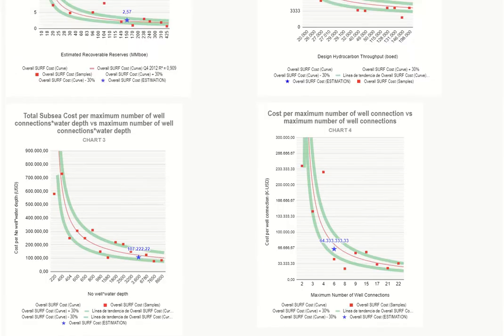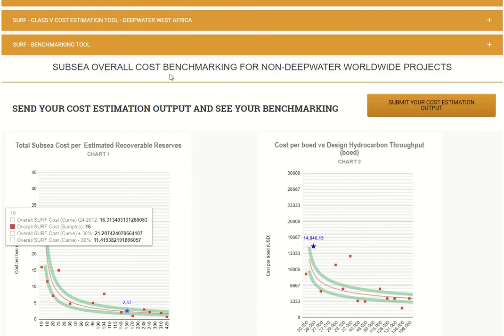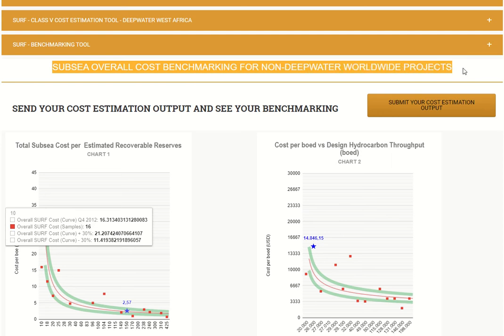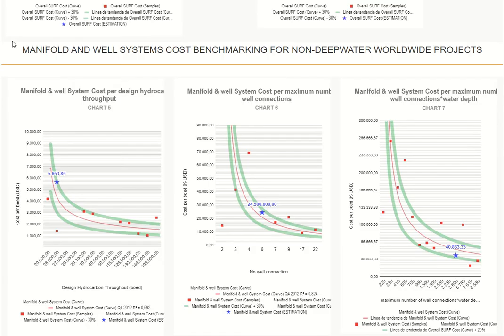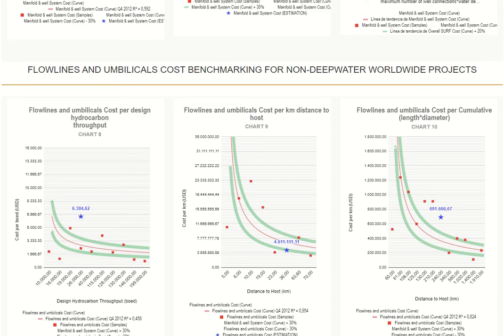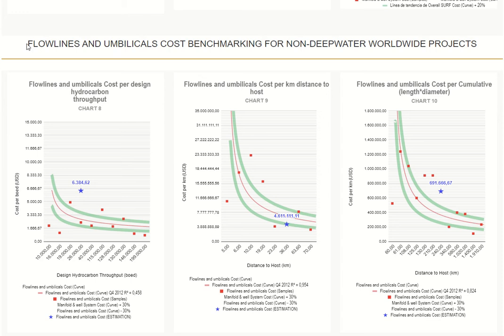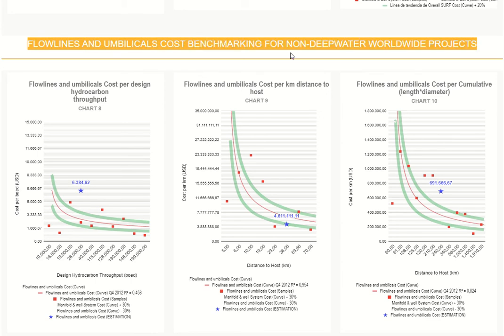There are different charts with comparison. The first group of charts, as I explained before, is the total overall cost of the subsea, and the second section is related to manifold and well systems, and finally the flow line and umbilicals cost.